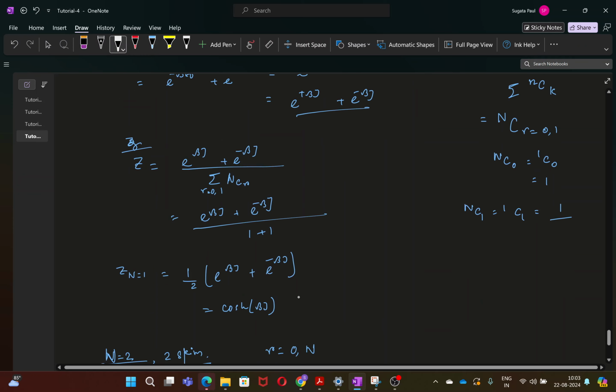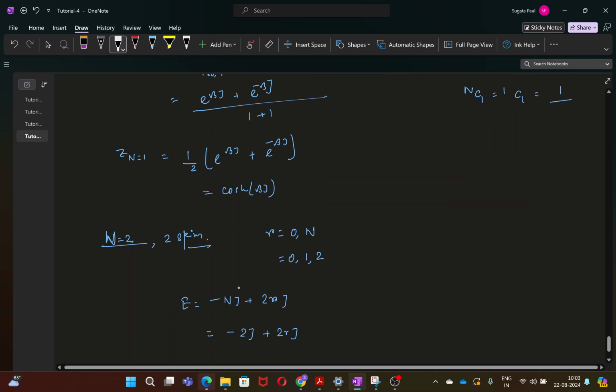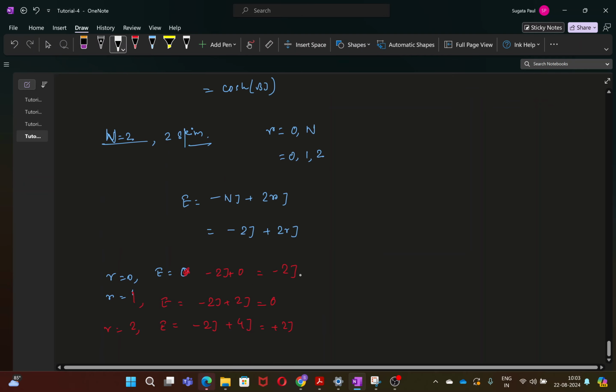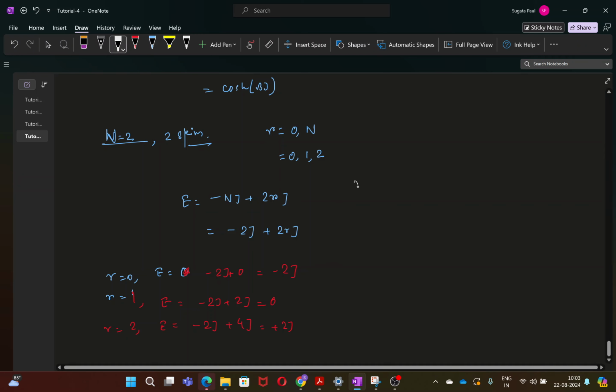is half of e to the power of beta j plus e to the power of minus beta j, which is nothing but cos hyperbolic beta j. Same for n equal to 2 spins, you get R from 0 to n, that means 0, 1, and 2, in integer intervals of R values. For each R value, you have to calculate the energy value. Let's say for R equal to 0, according to this formula, plug in n equal to 2 and R equal to 0.